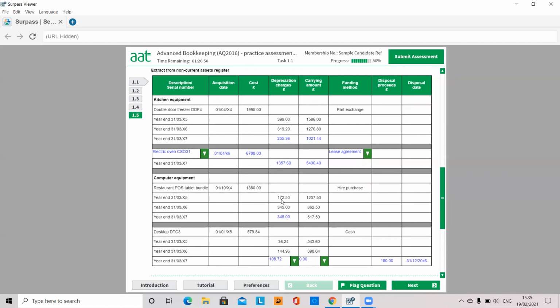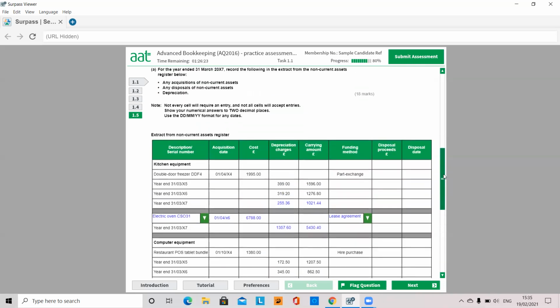So for our year end, 31st of the 3rd X5, we had it for 6 months. So we've got 172.50 as the depreciation charge, which gives us a carrying value of 1207.50. So 1380 minus 172.50 gives us 1207.50.